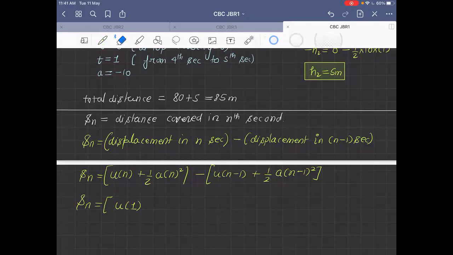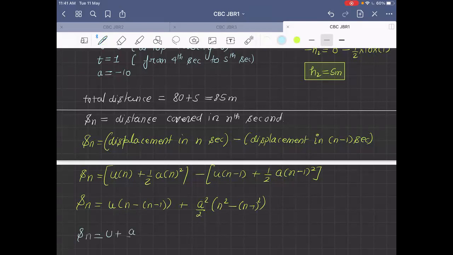Should I calculate this totally? It's easy, you will get 1 ultimately, plus a by 2 into n square minus n minus 1 whole square. The final formula is Sn equals u plus a by 2 into 2n minus 1.